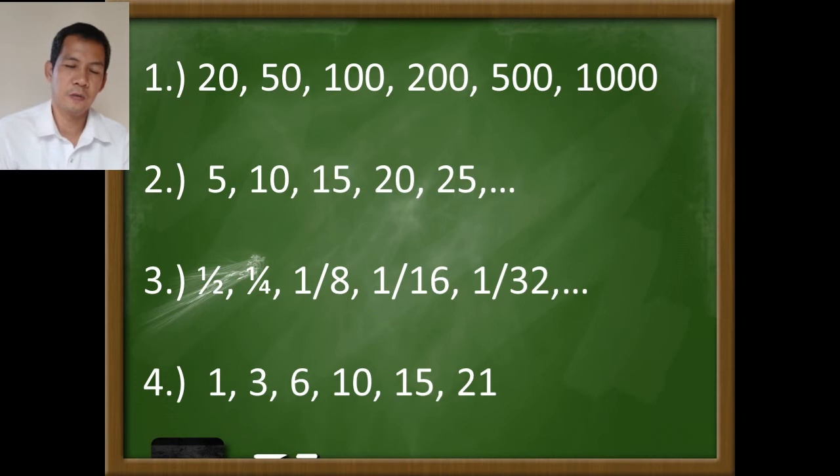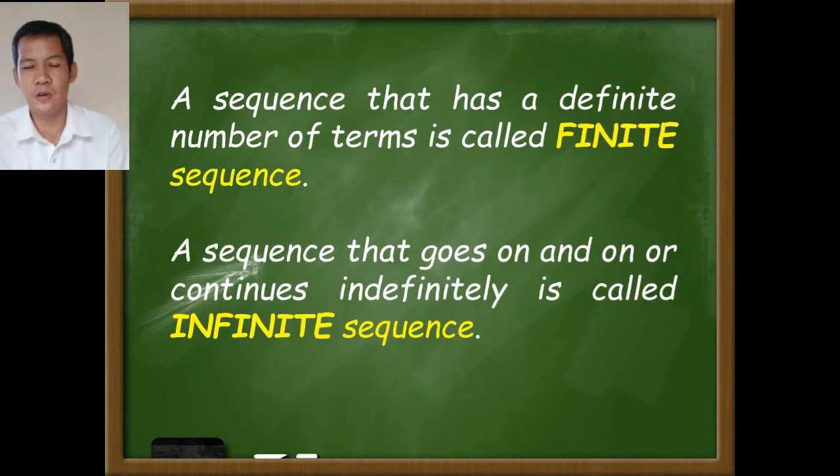Another question is, which of these sequences has a definite number of terms? If your answers are 1 and 4, again, you are right. A sequence that has a definite number of terms is called a finite sequence, while a sequence that goes on and on or continues indefinitely is called an infinite sequence.